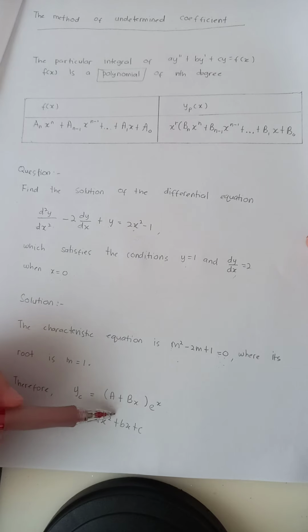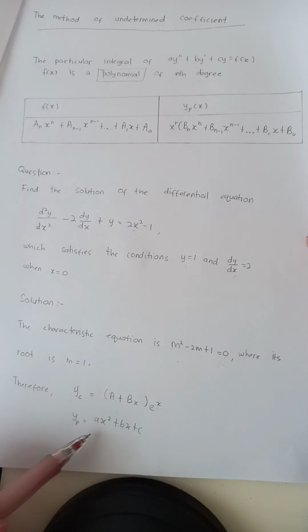Okay, see here, YC is in the terms of exponent X. But in YP, we don't have any terms in exponent X. Therefore, terms in YC does not similar with YP. Therefore, we can use our equation, this one, we can use it as our YP.